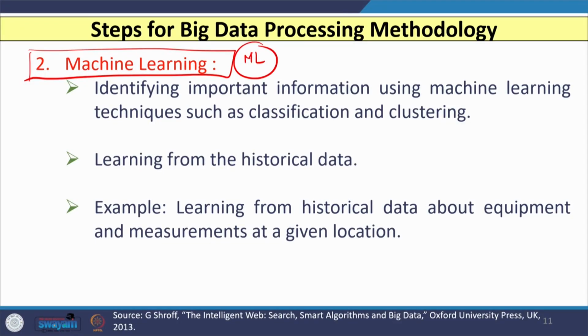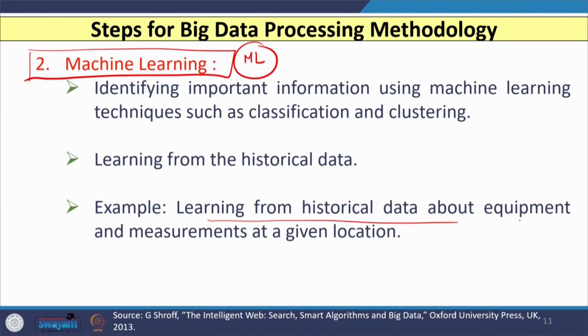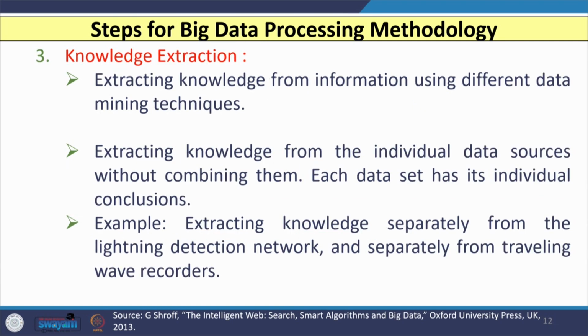This type of algorithm has the capability to learn from historic or past data, and an example is learning from historical data about equipment and measurements at a particular given location. So, for that purpose, the second step, machine learning, plays an important role.